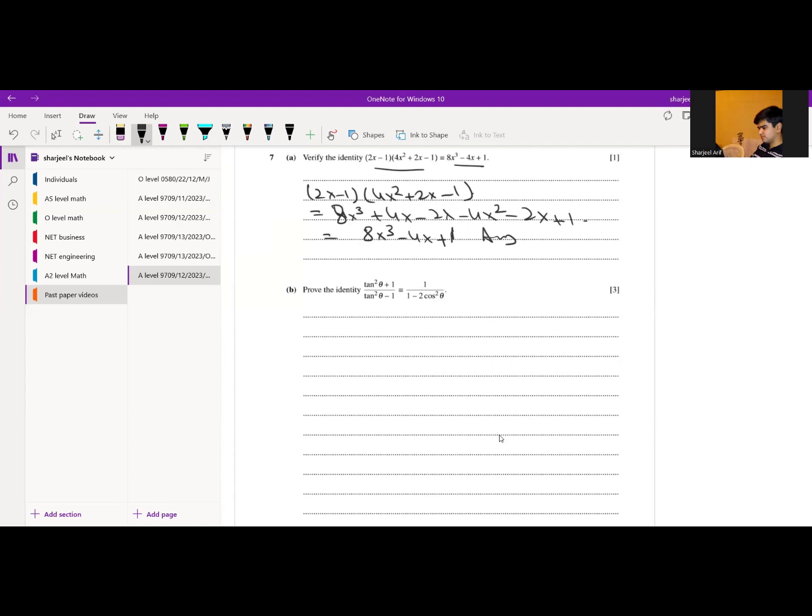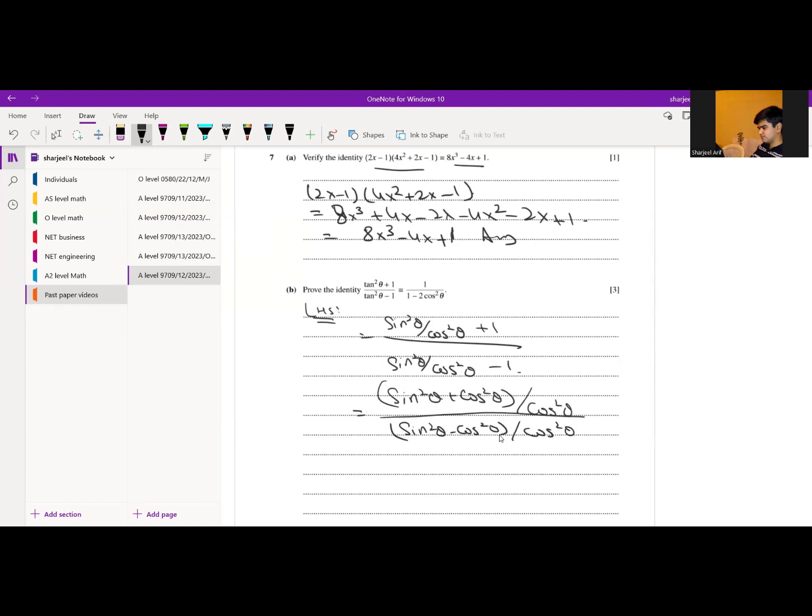Now for second part, we have to prove the identity. So we will take left hand side first and simplify to get sine square theta divided by cos square theta plus 1, divided by sine square theta over cos square theta minus 1. We will take the LCM of the numerator and the denominator over cos square theta.